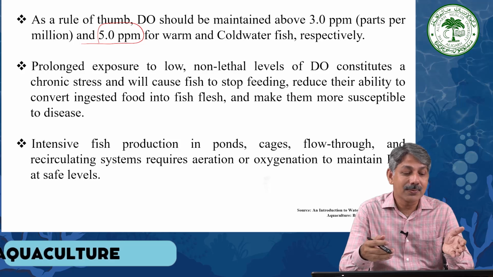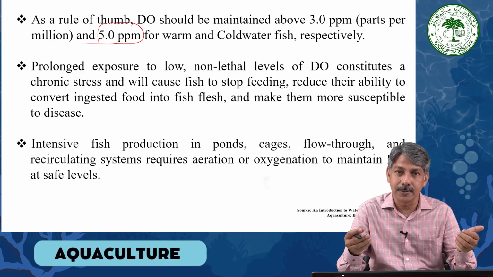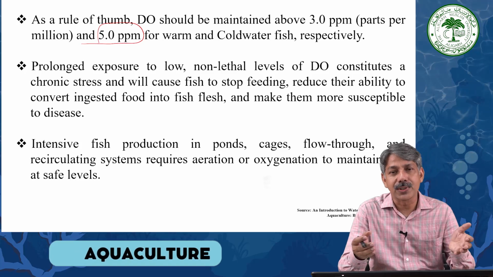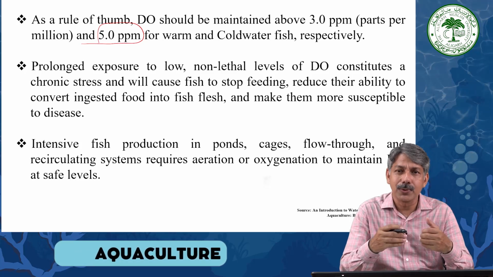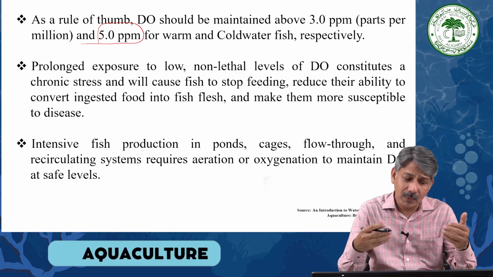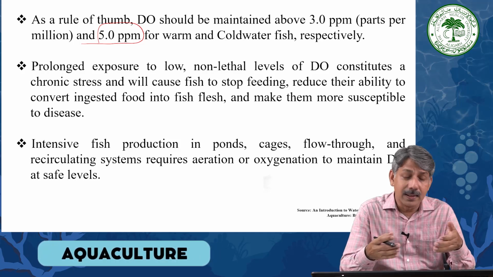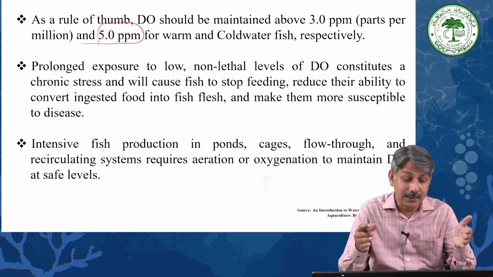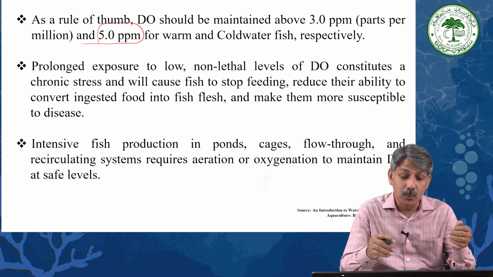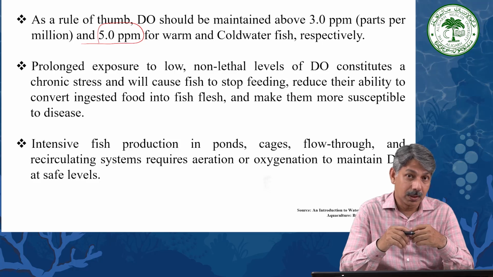You are looking here for more biomass production. So provide a good quantity of oxygen in dissolved form, so the fishes will give you excellent performance in terms of growth, survival, feeding, and even success in breeding. You need to ensure that they have good dissolved oxygen concentrations.